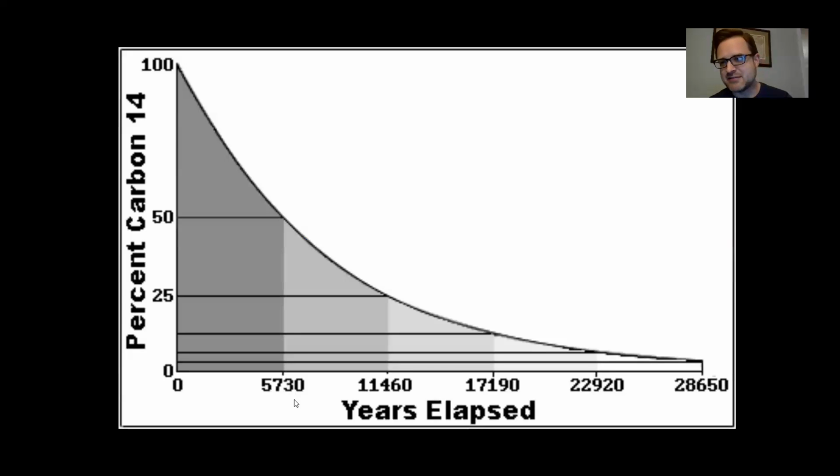So how does this relate to dating fossils? Right now you're breathing carbon dioxide, right? You inhale and you exhale carbon dioxide. A small percentage of the CO2 you're inhaling is based upon carbon-14. It's a very, very small number, but you have some carbon-14. When you die, you stop inhaling carbon dioxide, right? So from the day of your death onward, the C14 is decaying. Once you're a fossil, once you're dead, you don't take in more carbon dioxide.